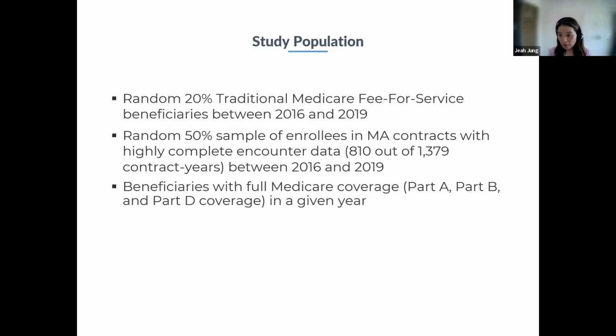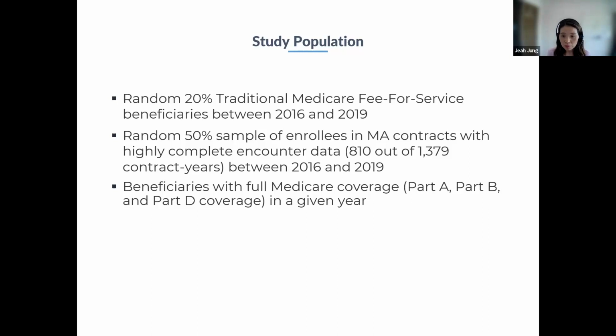So we first validated the completeness of MA encounter data against some external data sources, and then identified MA contracts that had highly complete encounter data. We identified 810 contract years out of 1,379 contract years. The validation process is published in a separate paper, so you can actually see all the contract IDs that we selected for the study.